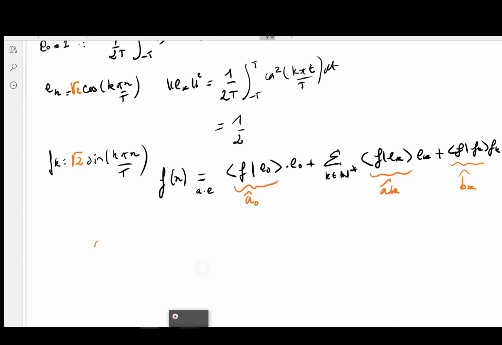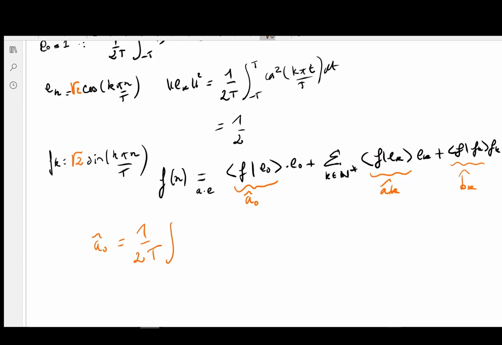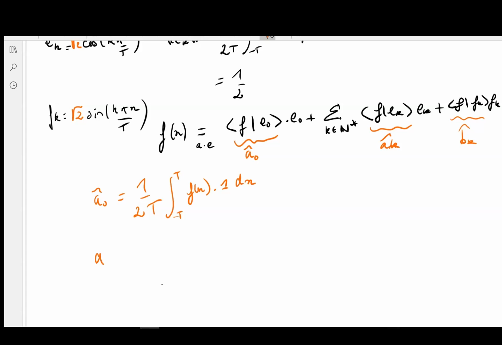A0 hat is given by the inner product, so that's 1 over 2T times the integral between negative T and T of my function f of x times 1 dx. And a0 was actually given by the same formula, but without the 2.